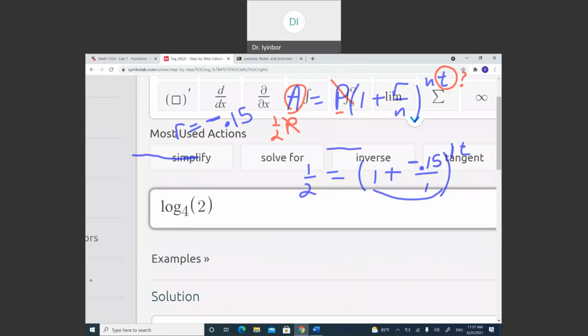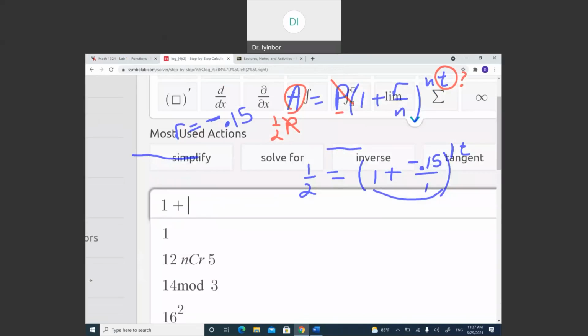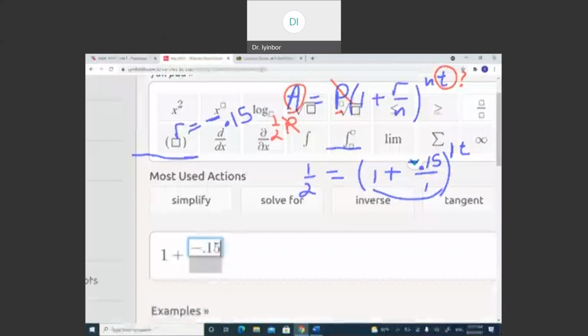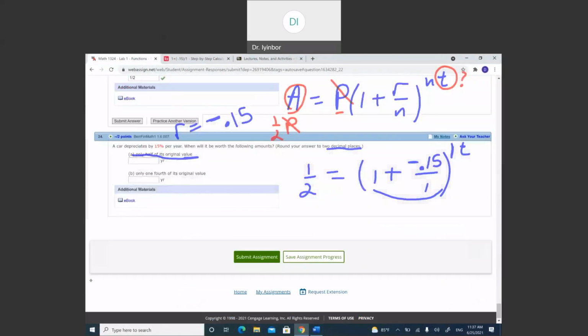So I have 1 plus the fraction negative 0.15 over 1, which is 0.85. So I have 0.85 with exponent t equals 1/2, which is 0.5.